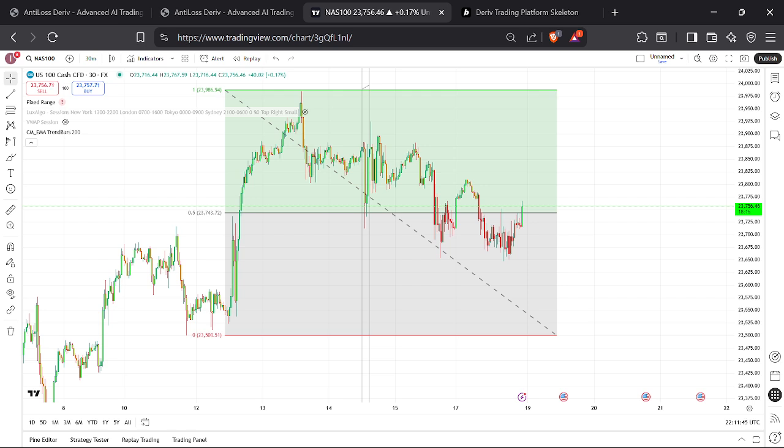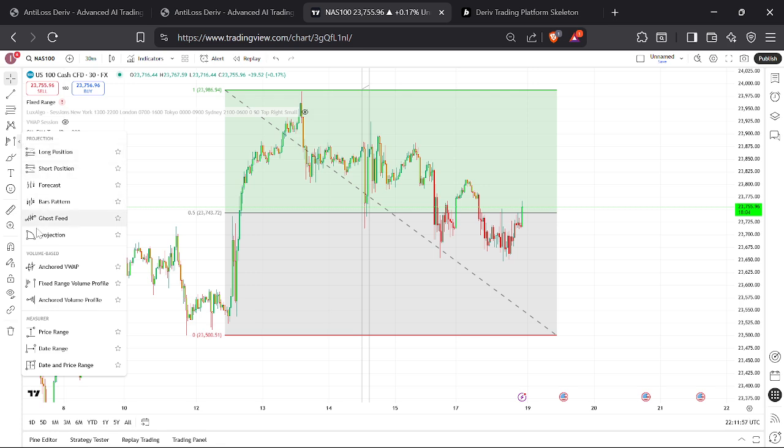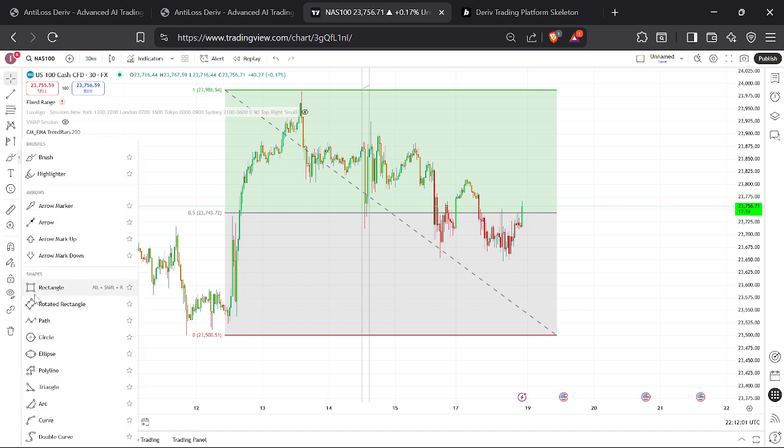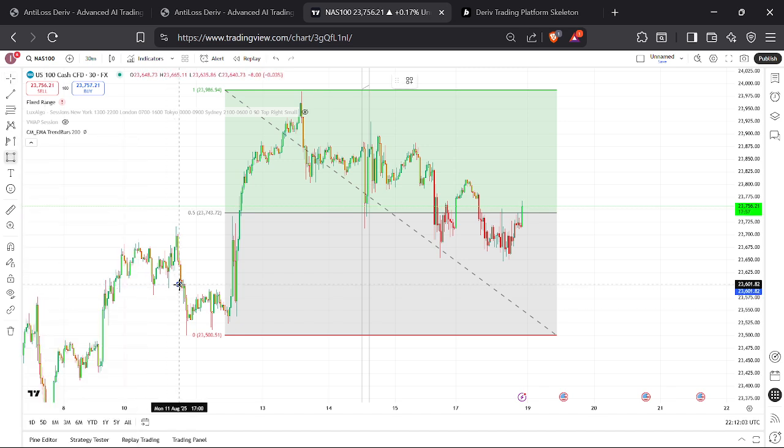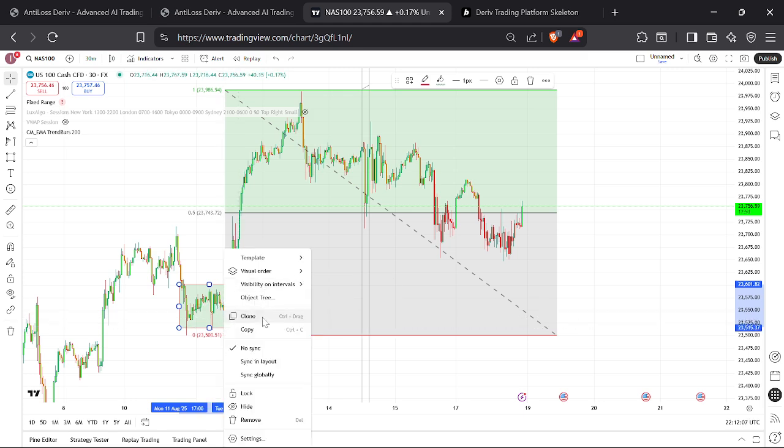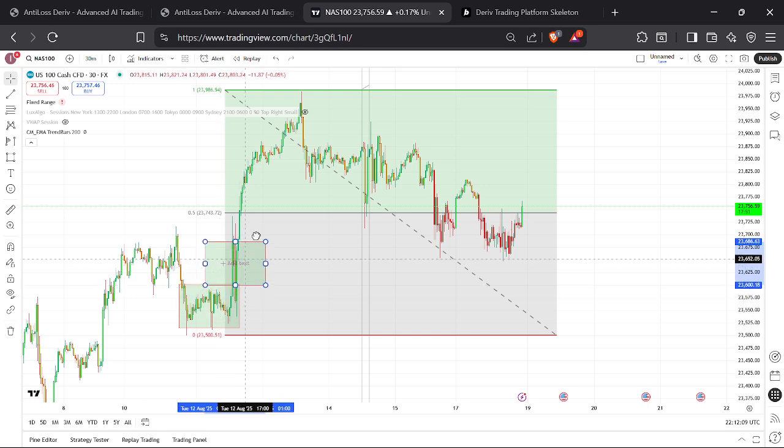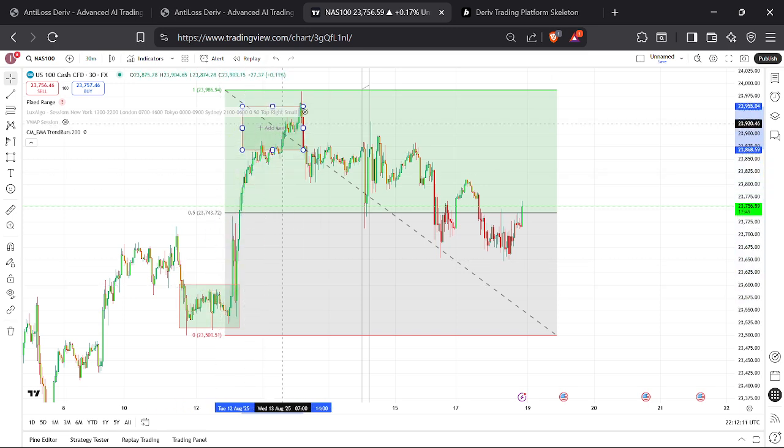But let's just use our brains and our eyes, right? I want you to check these two levels right over here. I want you to check this level right here, and then I want you to have a look at this level.